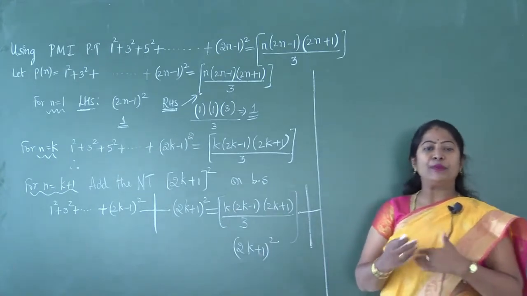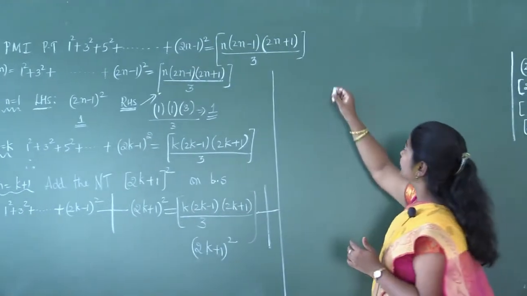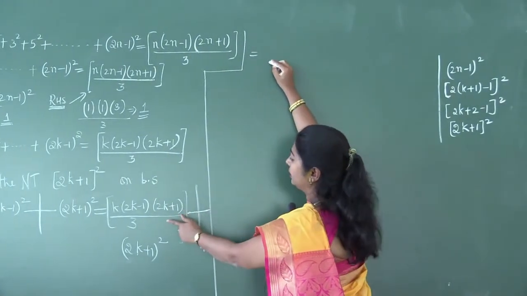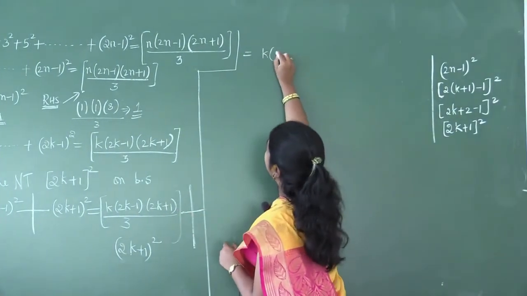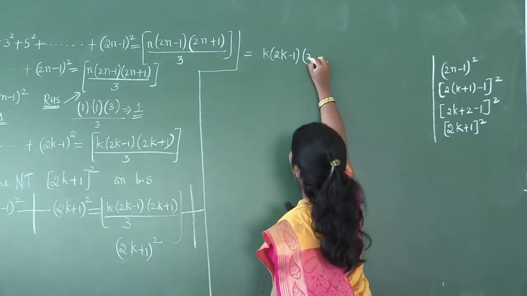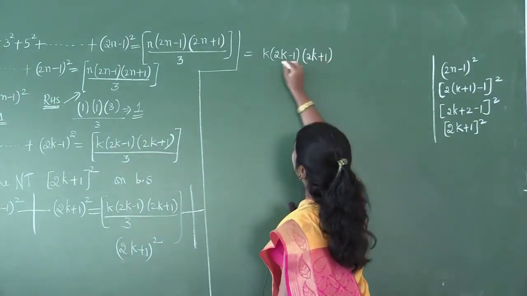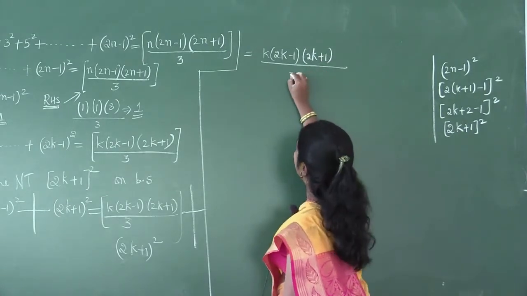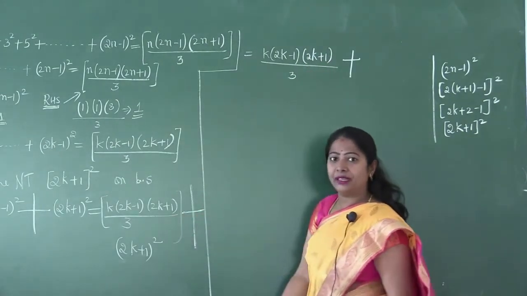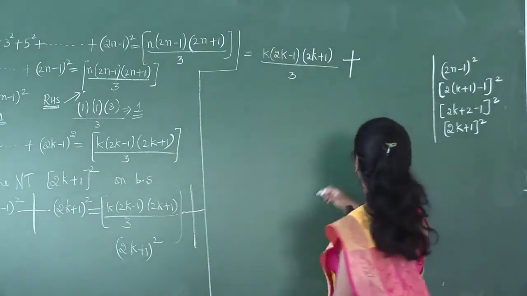Next, we are going to simplify the RHS part now. So what is the RHS part here? That is k into 2k minus 1 into 2k plus 1 divided by 3 plus, which was the term that we added? 2k plus 1 whole square.